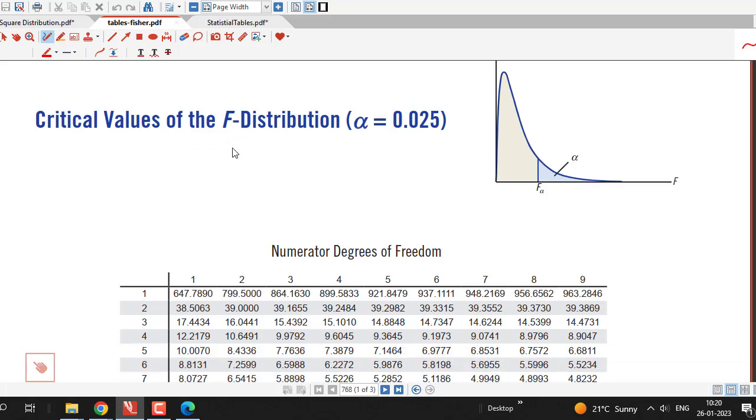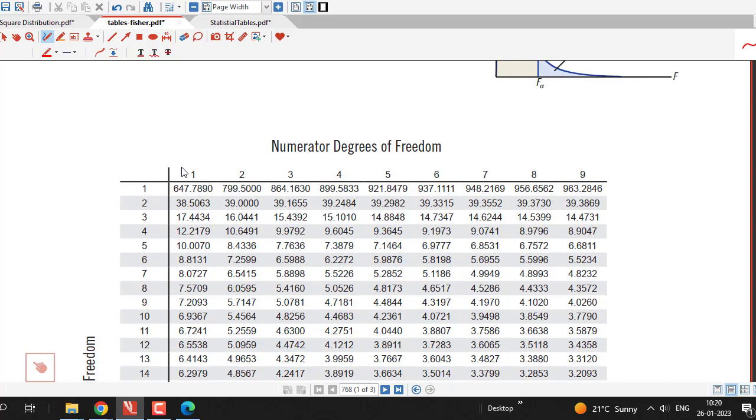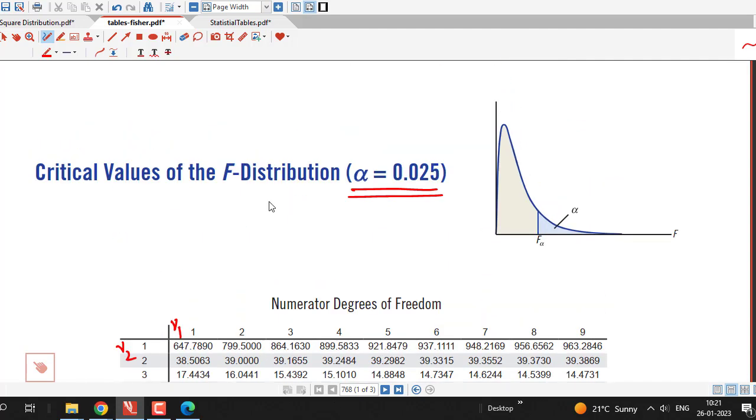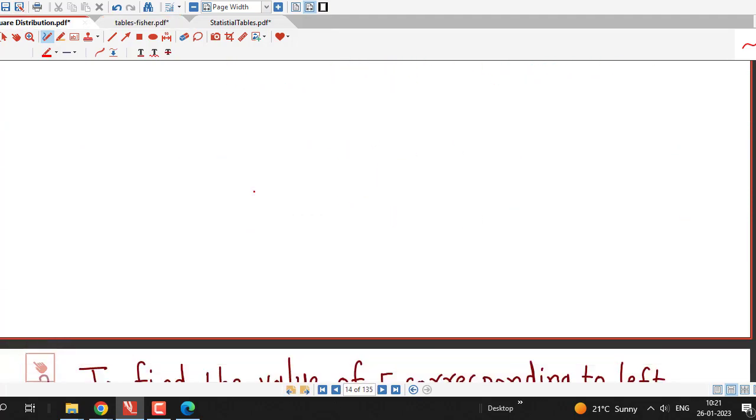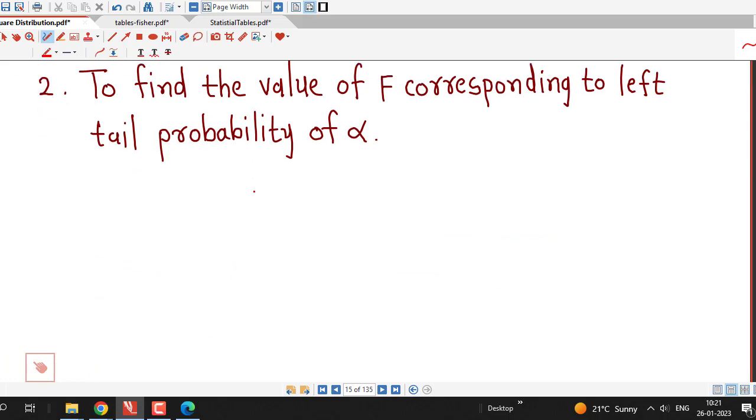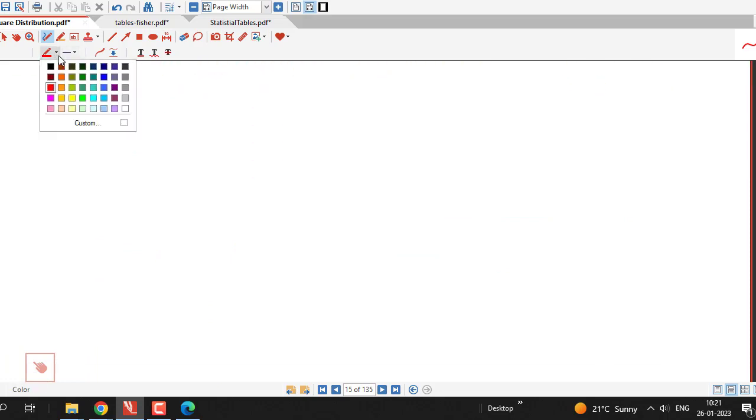These are the critical values of the F distribution for 5% level of significance or alpha equal to 0.05. So all these values are for numerator degrees of freedom, and all these values are for denominator degrees of freedom. Now how do we find values corresponding to the left tail probability of alpha?